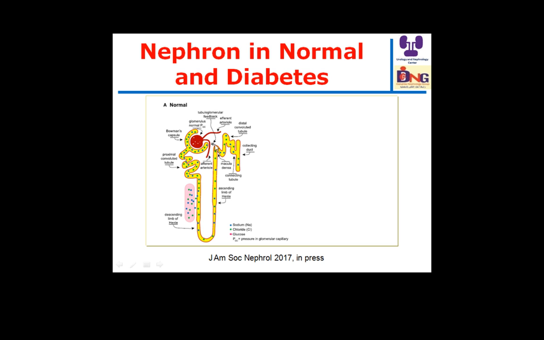So this is the situation. This is the filter. So here the filter includes glucose and sodium. Sodium and glucose are absorbed. So within a normal situation, all glucose is absorbed, and some of the sodium reaches this segment of the macula densa.